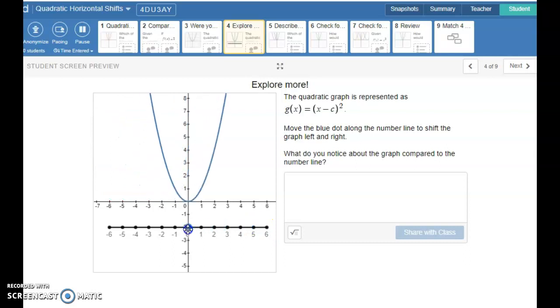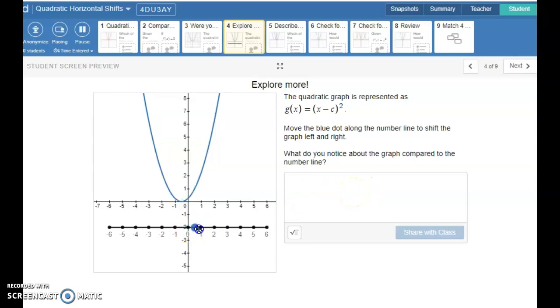And if my C is a negative, my graph goes to the right. So it's doing the opposite. If my numbers get bigger, my graph moves to the smaller side. And if my numbers get smaller, my graph starts moving more and more to the right. Okay? So it moves the opposite way. So go ahead and write in here what you noticed about that number line.